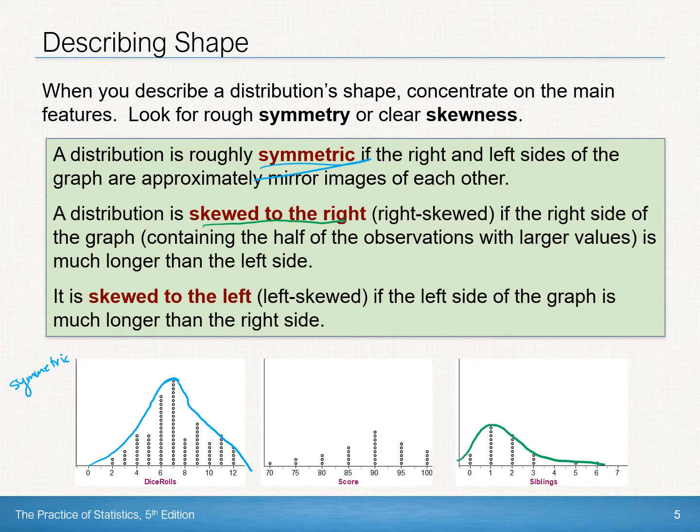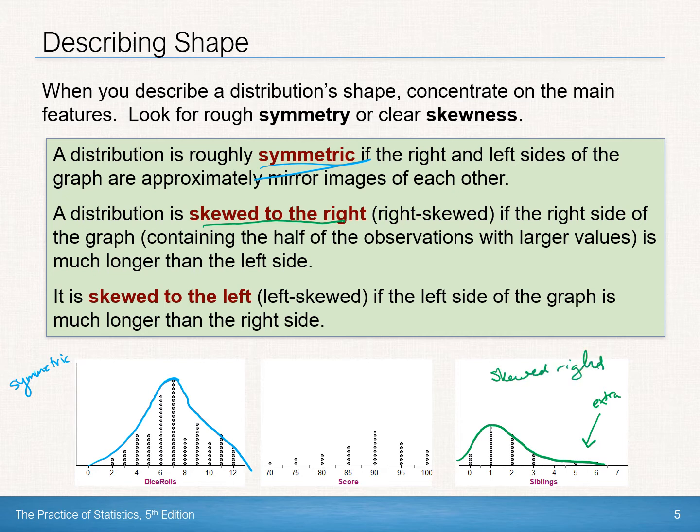So I've got extra data on the right. In other words, if I covered this part up, right, if I took this extra part out, I would have a roughly symmetric graph. But by having a little bit extra on the right, it is what we call skewed right.